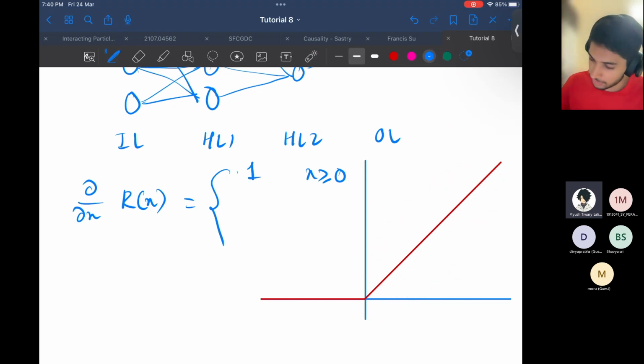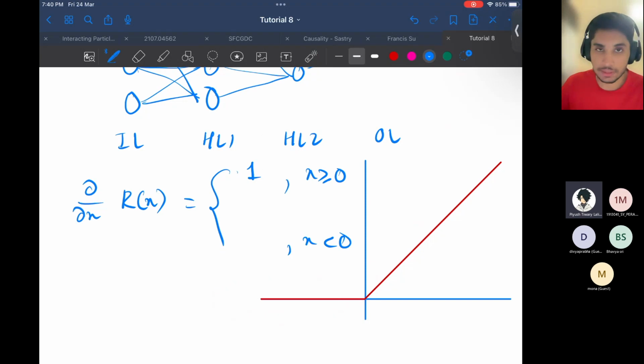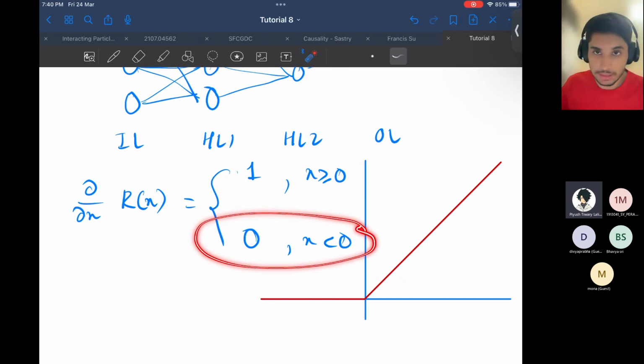If x is less than 0, it is always 0, so there is no change, hence the derivative will be 0. So there is a region, x less than 0, where the gradients are becoming 0.